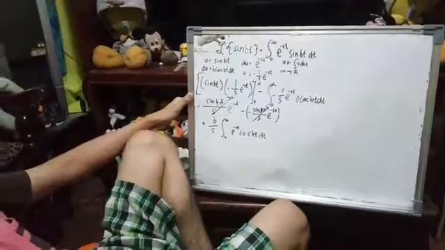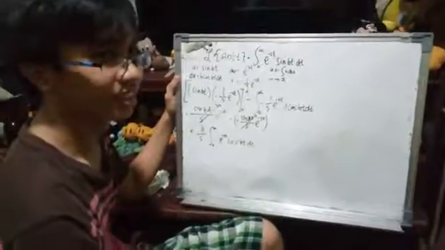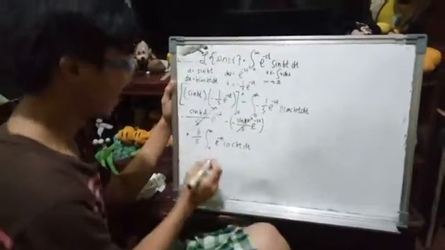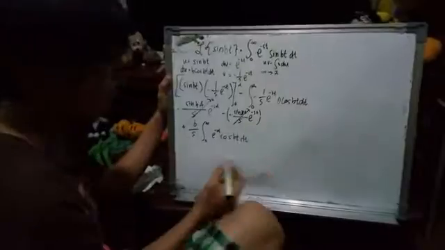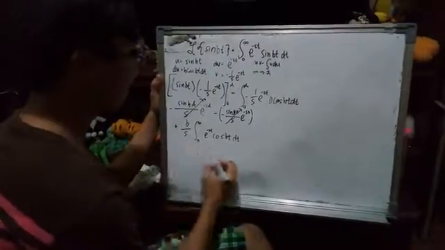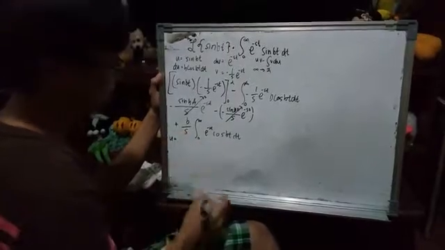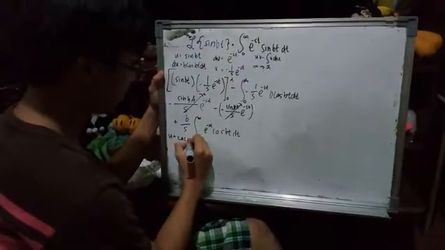Okay, so sorry about that. This will be solved by integration by parts. So we will let u be cosine bt.